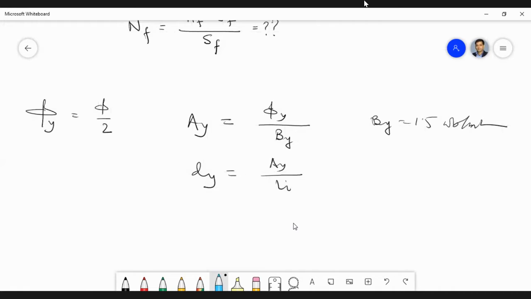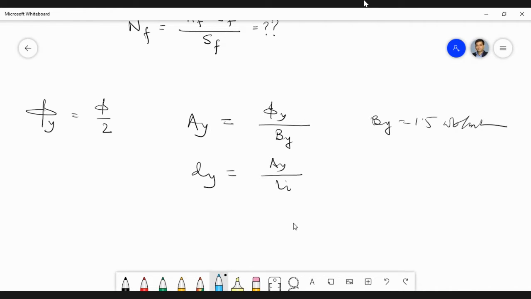So the flux in the yoke is the flux per pole divided by 2, and thereby you can, that is flux divided by the assumed flux density, which you can take as 1.5 Weber per meter square.